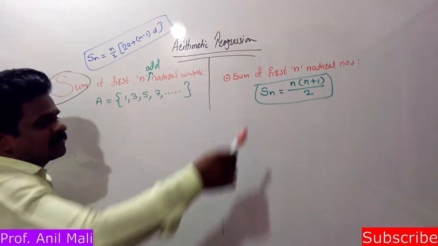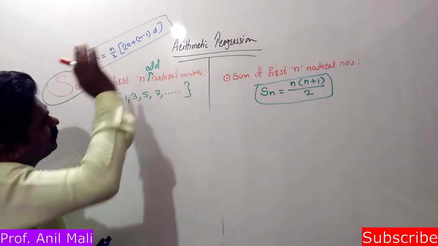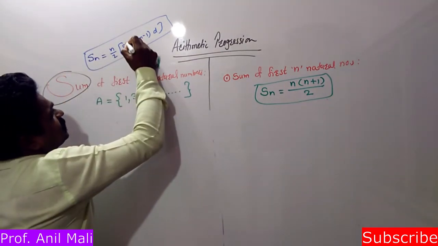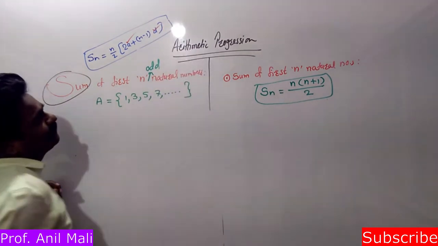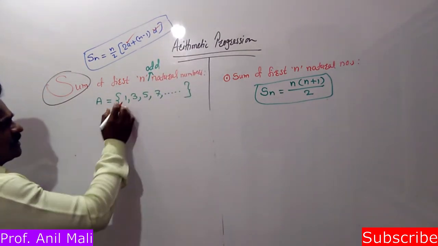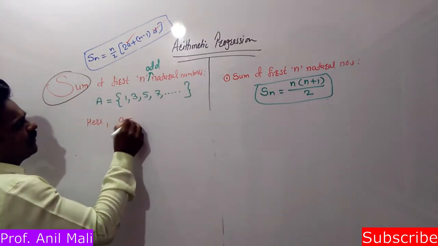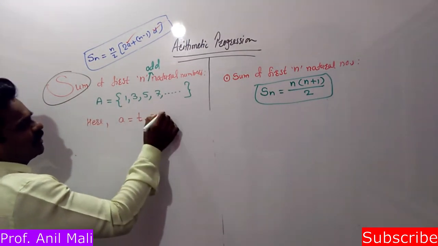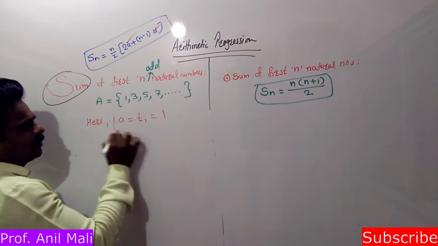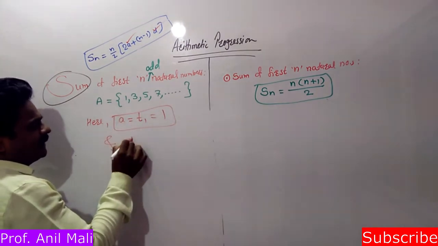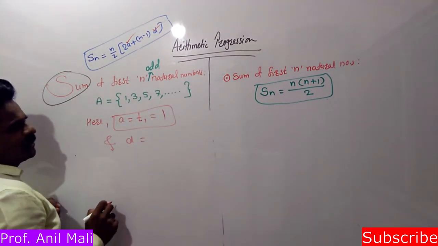How many terms are there, we don't know. That's why n will continue as it is. We are just interested in a and d. So how much is a here? Here a is equal to the first term t1, which is equal to 1. Okay, no problem. And how much is d?